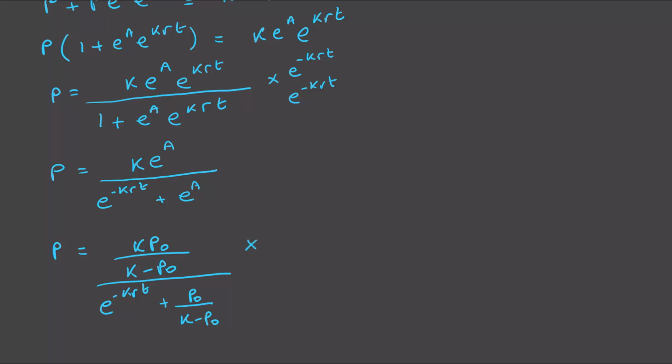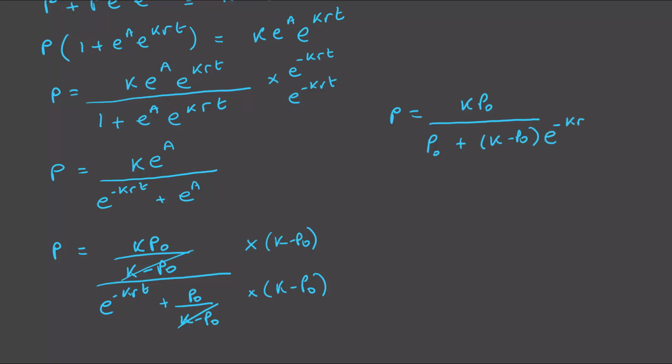And at this stage, if we multiply the top and the bottom by k − p naught, then on the top it's just going to cancel out, and so we get p is equal to k p naught, and on the bottom we're going to get p naught, and then we're going to get (k − p naught) e to the negative krt, and there it is.